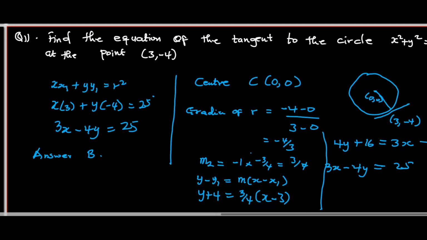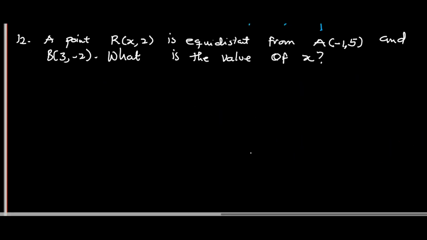All right, now for question 12, it says that a point R(x, 2) is equidistant from the point A(-1, 5) and B(3, -2). What is the value of x?